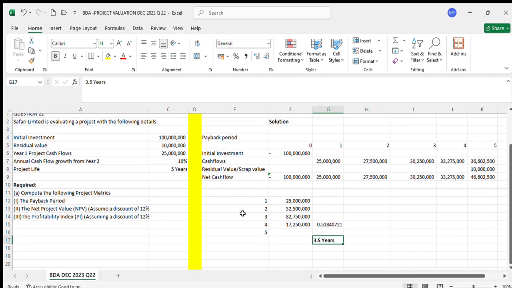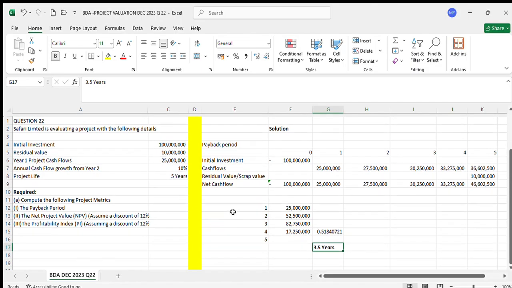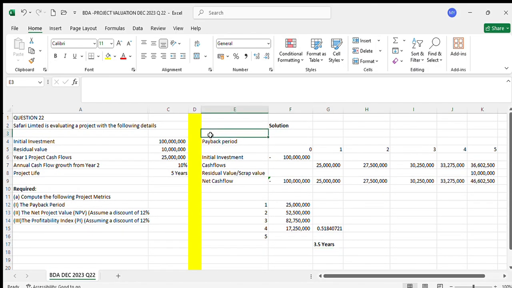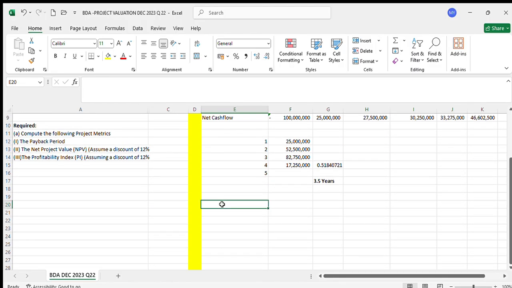Then the net present value, that was part question, this was Roman 1. Then now the NPV, we need to know the net present value. This one now calculates the present value of the future cash flow.